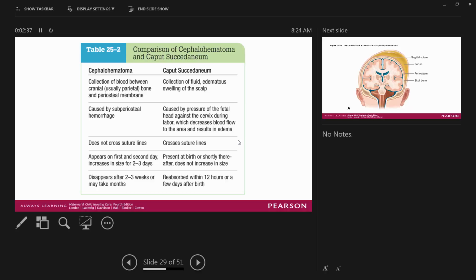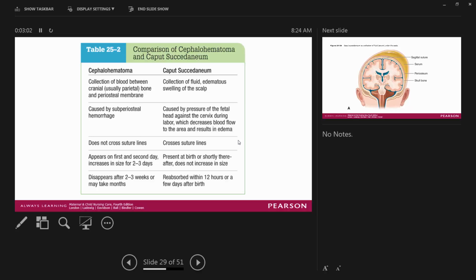The important thing here, though, is the hematoma does not cross suture lines. If you remember, the baby's head has cranial bones that are not fused. We've got these places where the cranial plates come in side by side, and the space in between these plates is called the sutures.